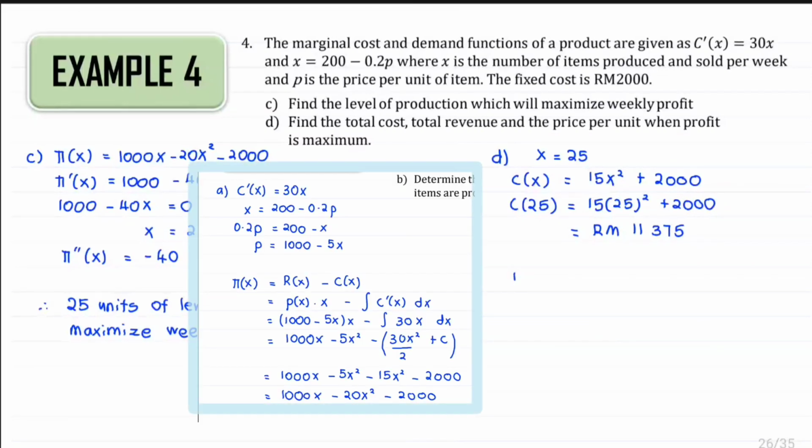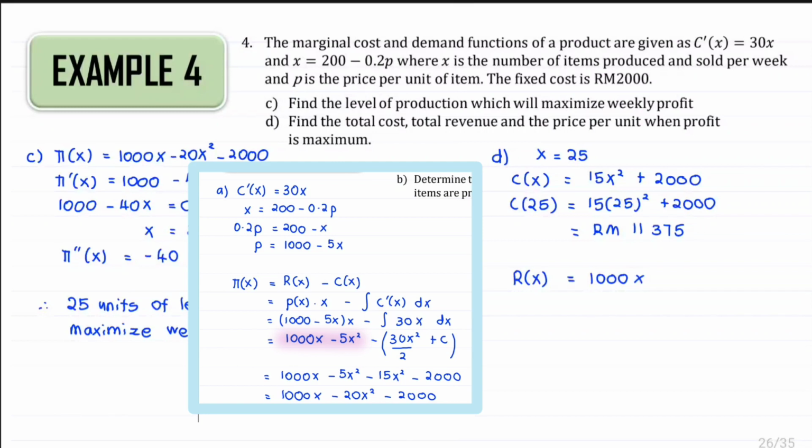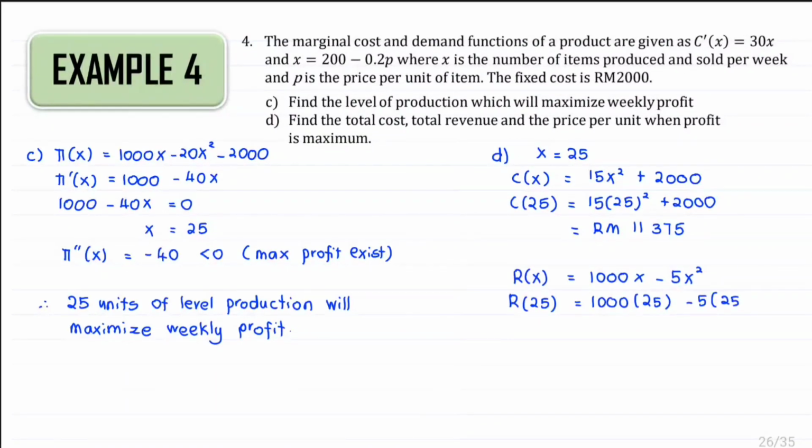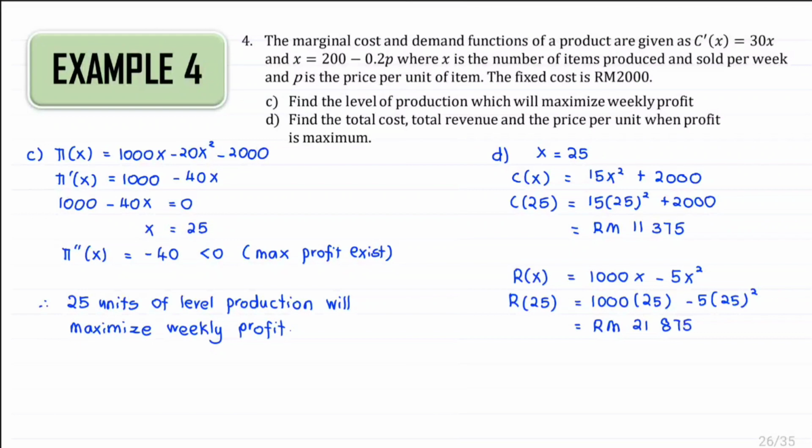Okay, next we find total revenue. Our function R(x) is 1000x minus 5x squared, from the previous answer. So we substitute R(25), we get 1000 times 25 minus 5 times 25 squared. Then we get the answer RM 21,875.